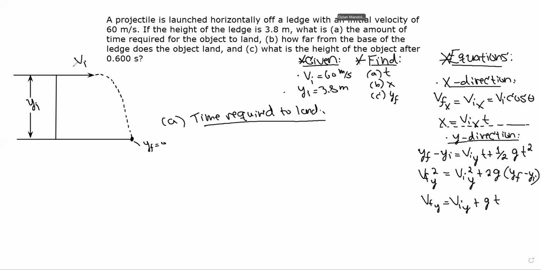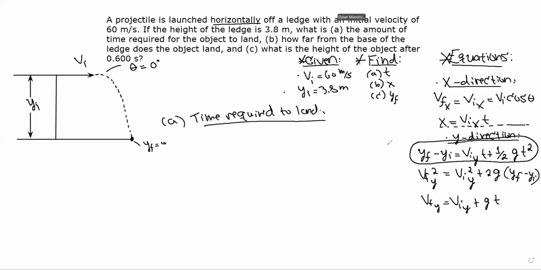Notice that they didn't give us an angle theta, and they did use the phrase horizontally. So the angle of the velocity vector is 0 degrees. So here are our equations, and usually we apply this equation to find time.